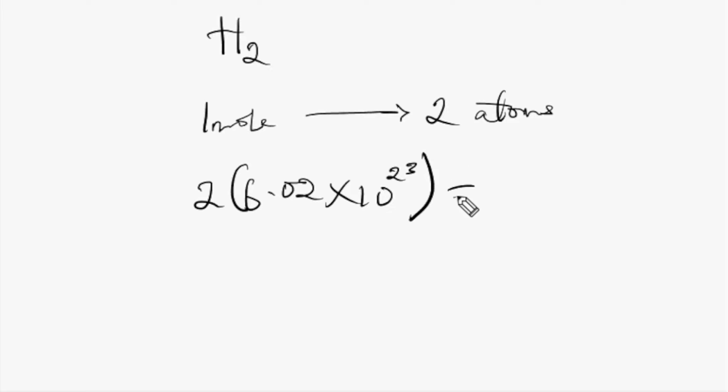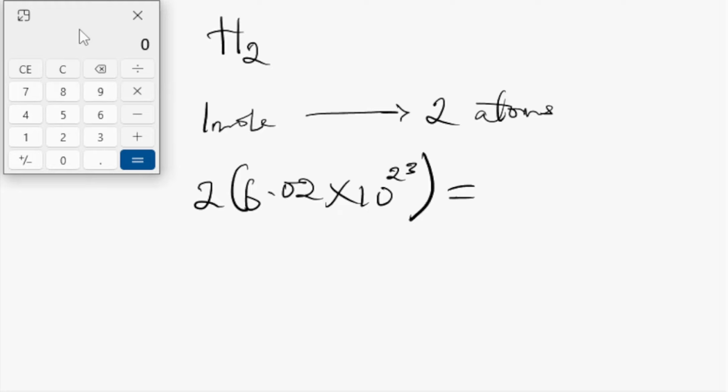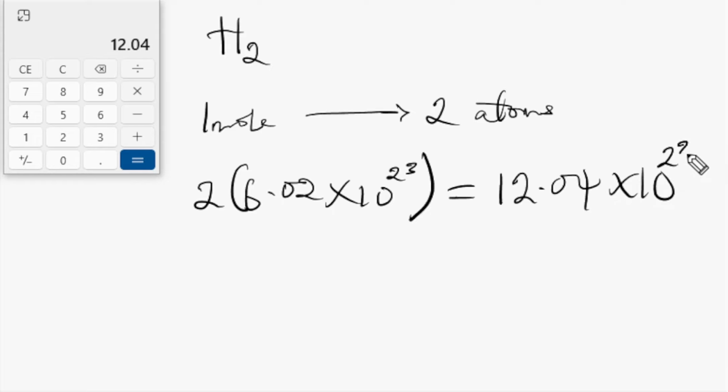If we try to calculate this, let's bring up our calculator. 2 times 6.02 is 12.04, so this is 12.04 times 10 to the power of 23.